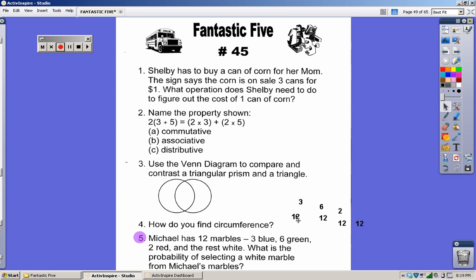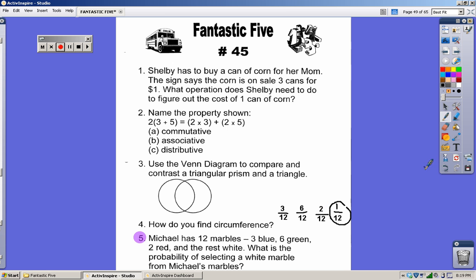But if we look at these fractions right here, we can figure out what the whole is, because we know how to work with fractions. And we know that our whole is going to be 12/12. So, sorry, I'm trying to catch up. If 3/12 plus 6/12 plus 2/12 equals 11, you're going to have only 1/12 left over to be your white marble.